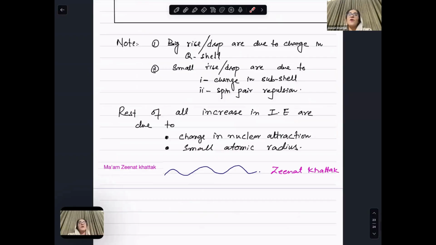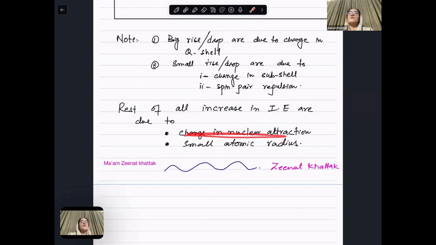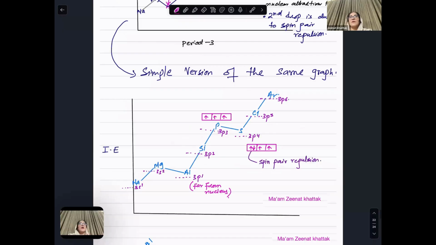The rest of the increases in ionization energy are due to nuclear attraction and small atomic radius. I hope you understand this topic.